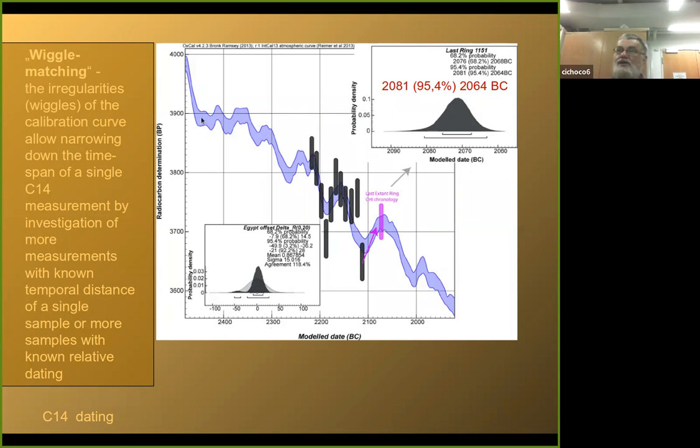So these wiggles are not only a problem for C14 because of the plateaus and the long time spans originating from it, but they are also an advantage if you take more than one sample from your piece of wood. And if you count the rings between each of these samples, then you know the temporal distance of all the single measurements. And you can put them in a certain program and then project them to the calibration curve. And this narrows down the absolute dating time span to a certain extent.